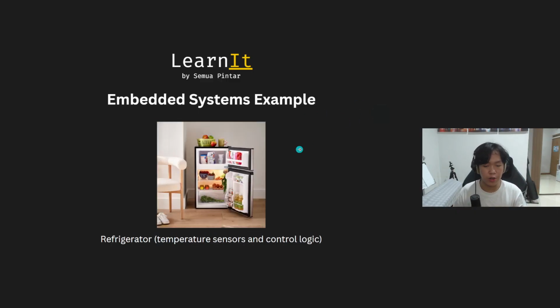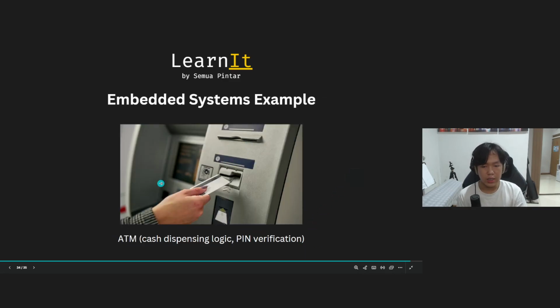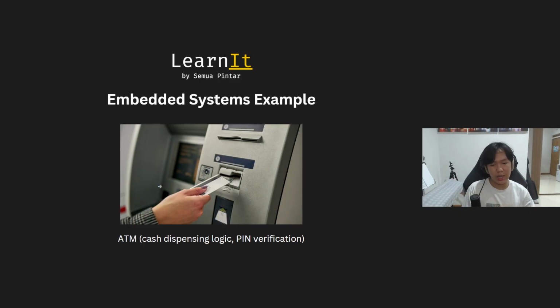Another example is a fridge, a refrigerator. The whole device is the fridge. However, inside the fridge itself, there is a smaller system to maintain the temperature and also control it using logic gates. Another one is an ATM. The main system is the ATM.